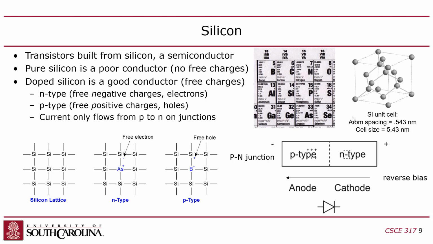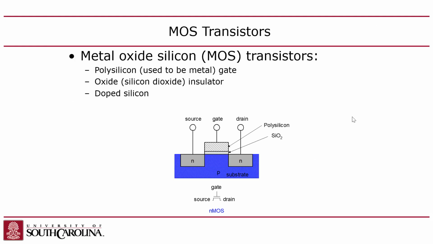And so this is a reverse bias condition where the diode won't conduct in the backwards direction from cathode to anode. However, this does still create a capacitor. A reverse biased diode is still a capacitor. So it doesn't conduct electricity, but it turns into a capacitor, which has implications for transistors.